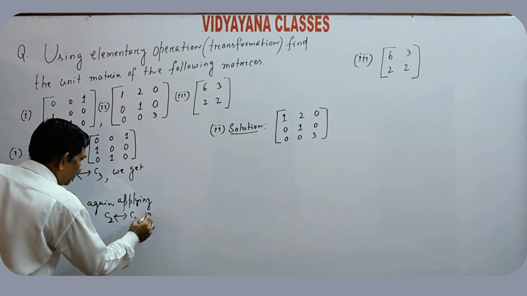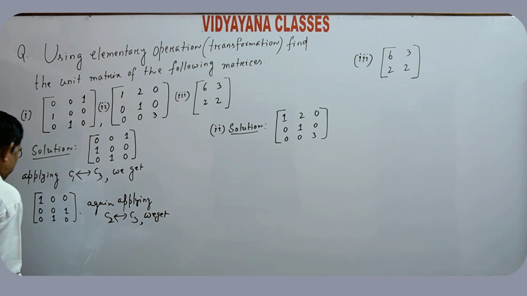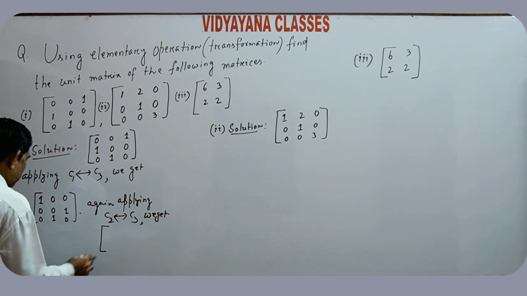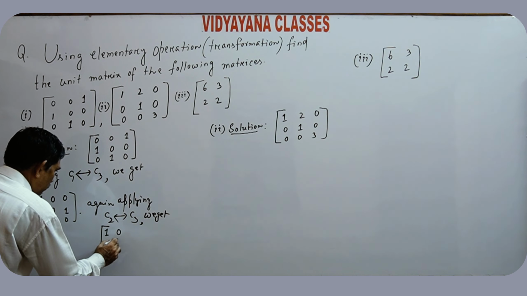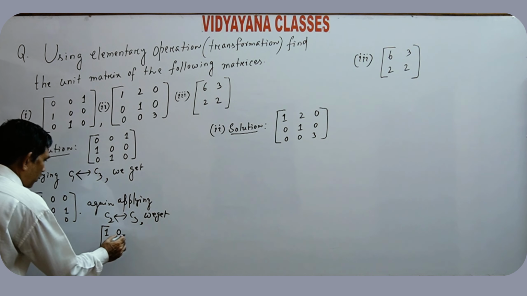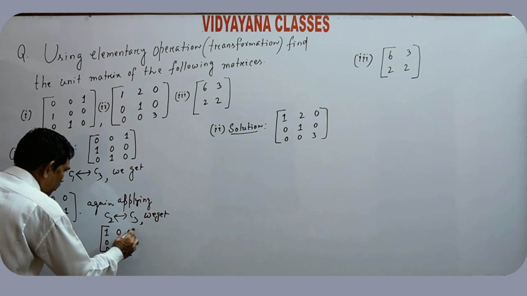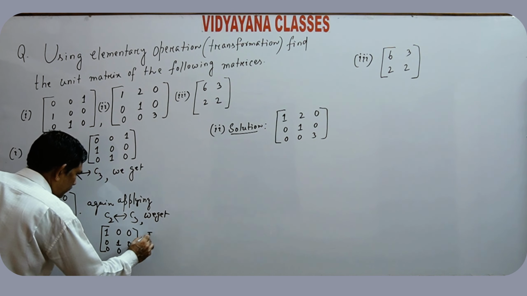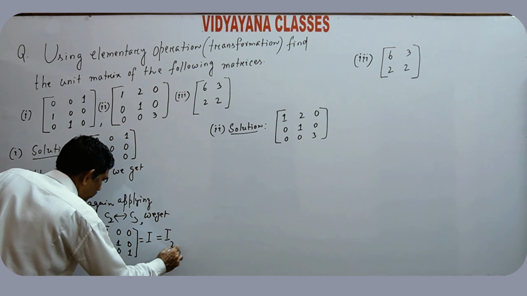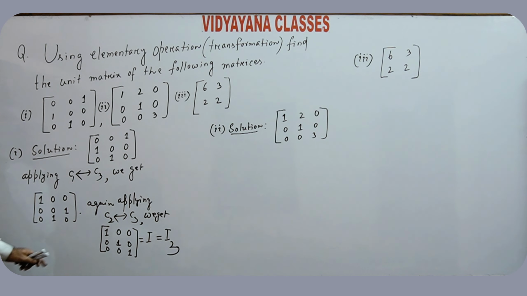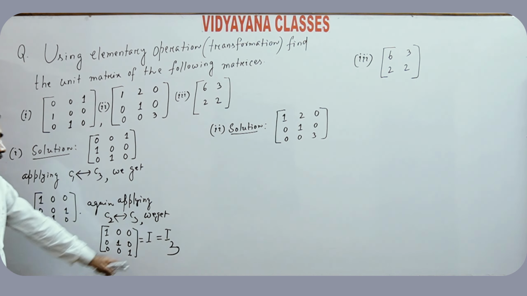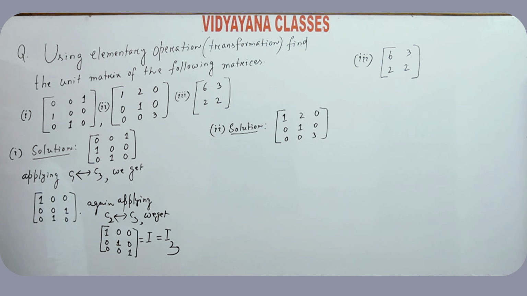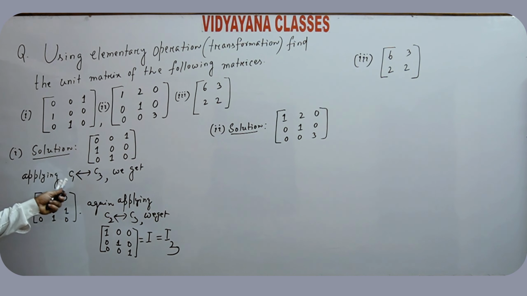We get the matrix having elements 1 0 0, 0 1 0 and 0 0 1, which is the unit matrix of order 3. It is a unit matrix of order 3, which is denoted by I or I3. I3 means unit matrix of order 3. Clear? The first bit is solved by using column operation.